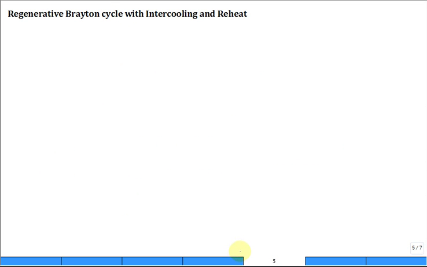Now let's take a look at the other enhancements of intercooling and reheat. Well, let's start with a discussion of why it's so expensive to compress a gas. To understand that, you go back and look at a pressure volume diagram. If I have an ideal gas, it's a very large specific volume.